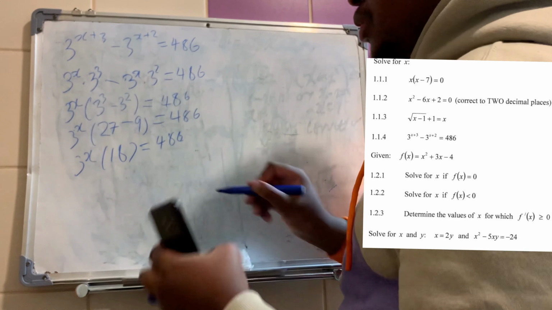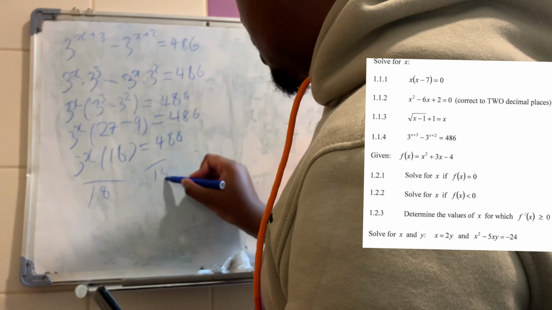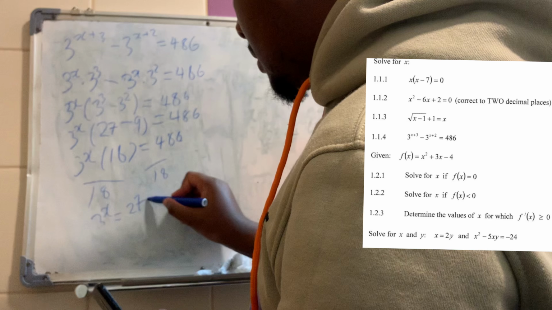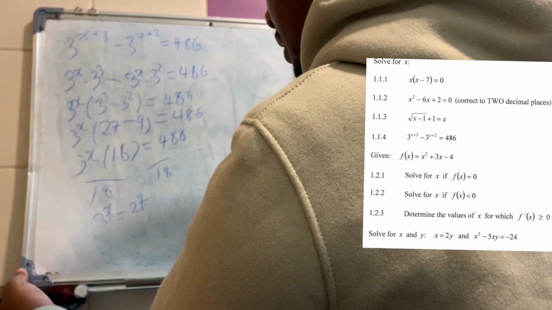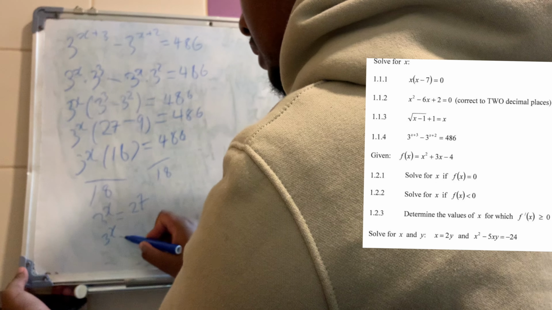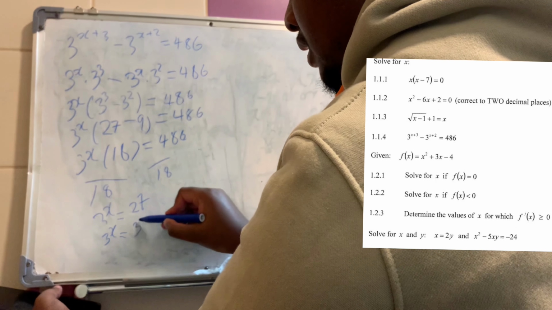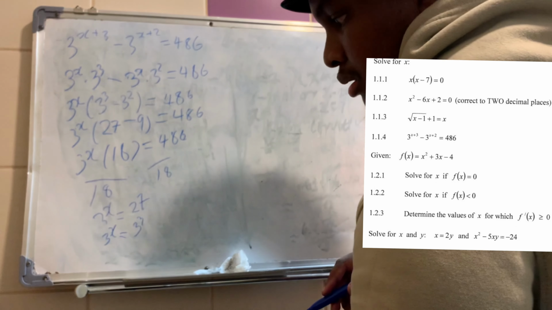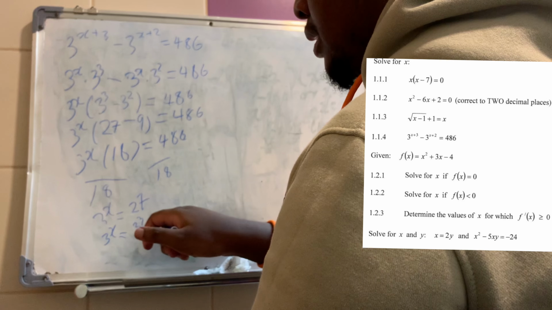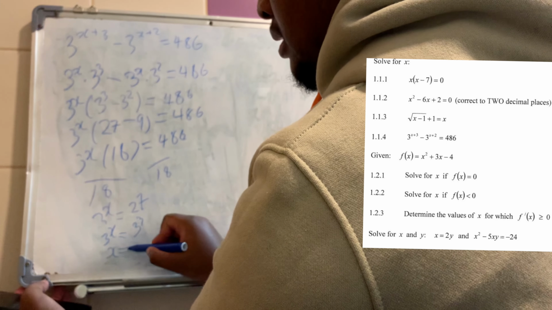Since one number is there, divide by 18, and we get 3 to the power x is equal to 27. We all know that if you write this in terms of a power, 27 is 3 to the power 3. Now that you have the same base, the exponents equate to each other, so x is equal to 3.